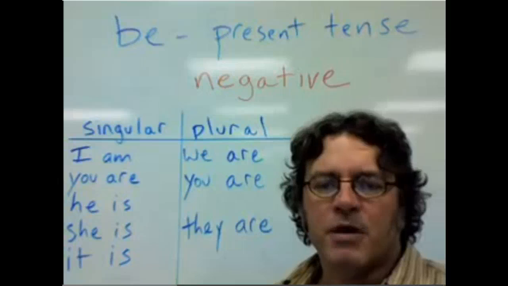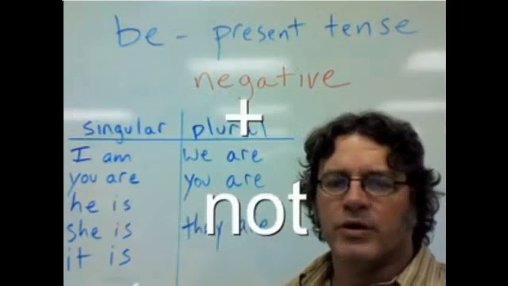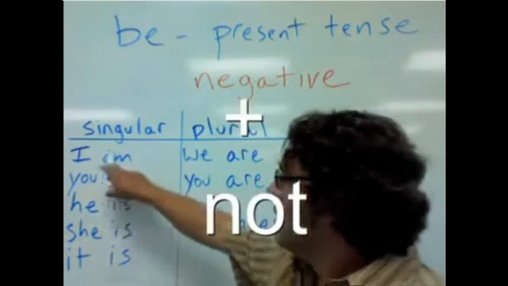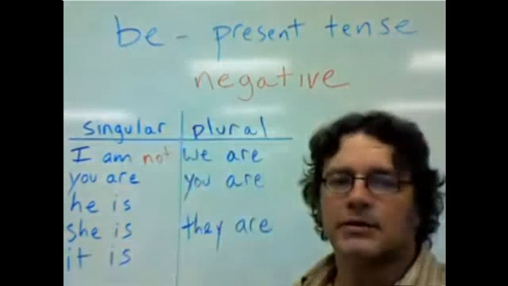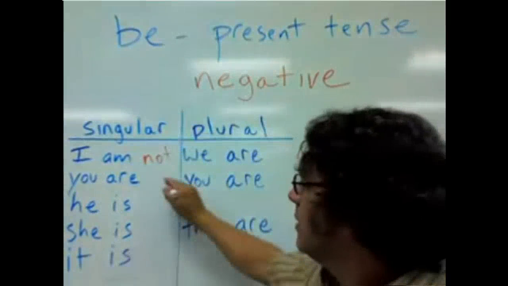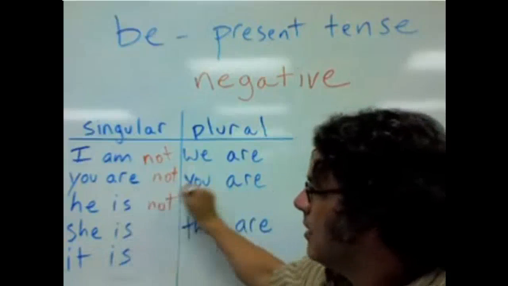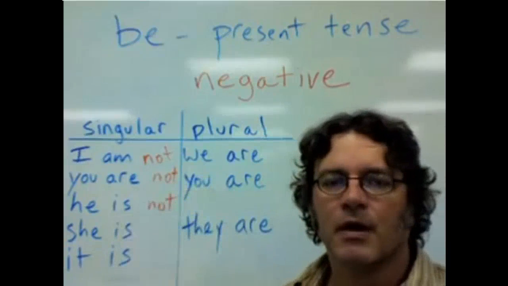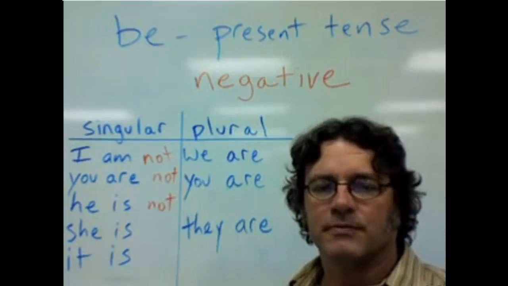To make the verb be negative, add the word not. I am not. You are not. He is not. Most people use contractions.